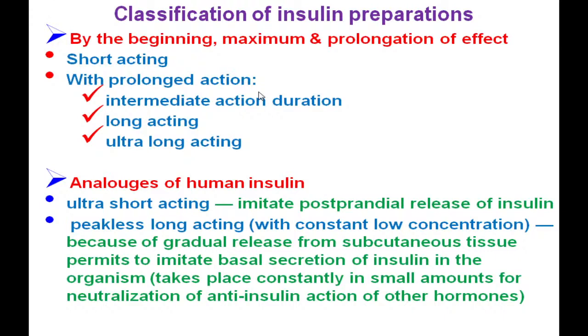Zinc, for example, protein, and these supplements make preparation of insulin suspensions, and suspensions are absorbed slowly. And depending on supplements, preparations of insulin are divided into intermediate action, with duration longer than short-acting, long-acting, ultra-long-acting.